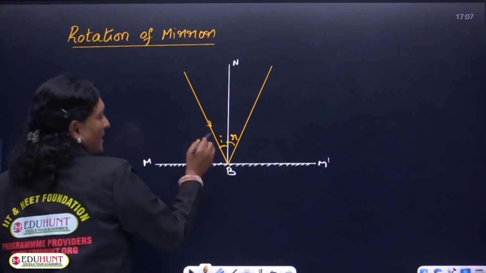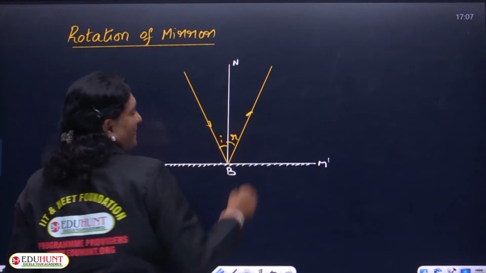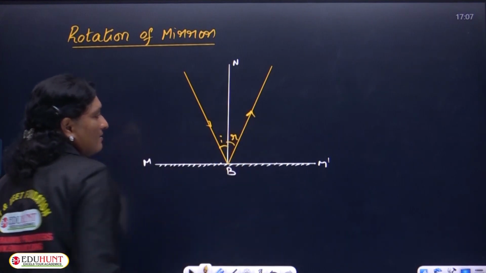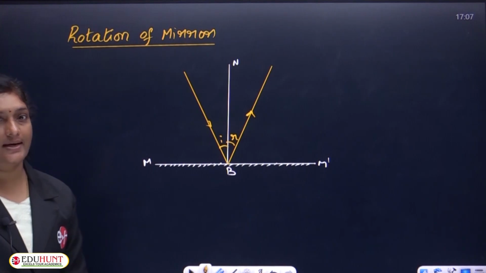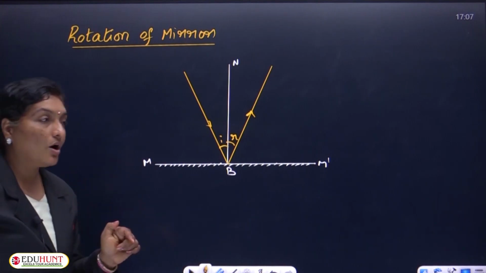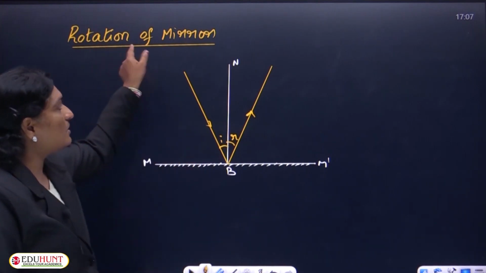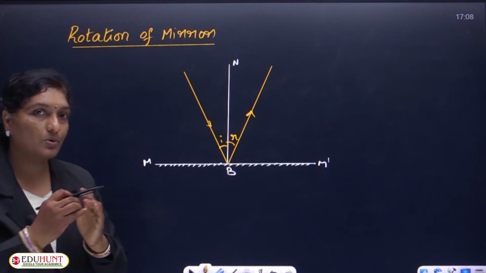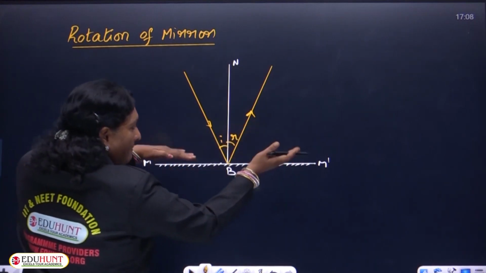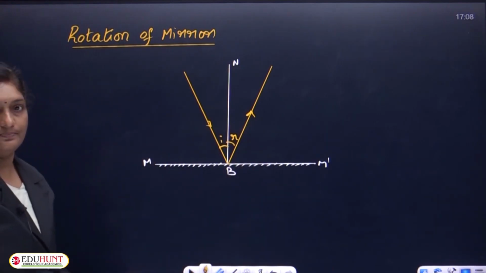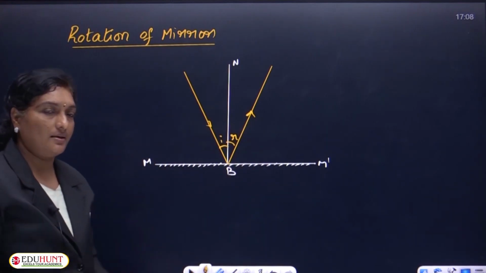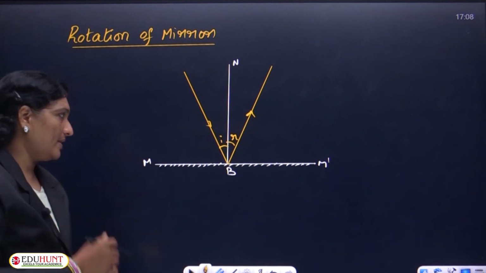This is the incident ray and this is the reflected ray. This is the basic concept which we have studied so far. But what if the same mirror is rotated? Let us suppose that the mirror M dash is rotated to some new position, say M1 dash.